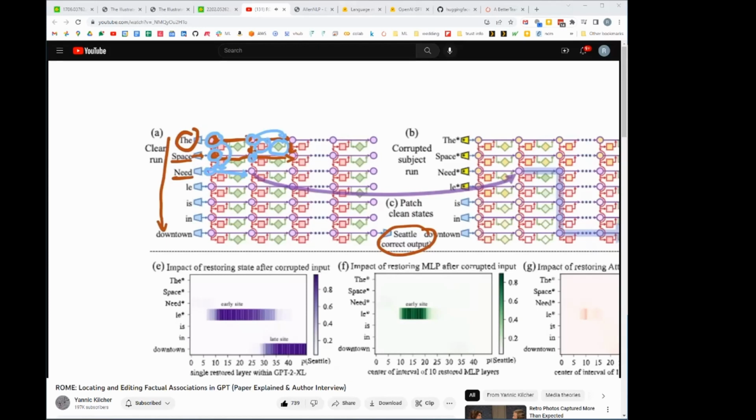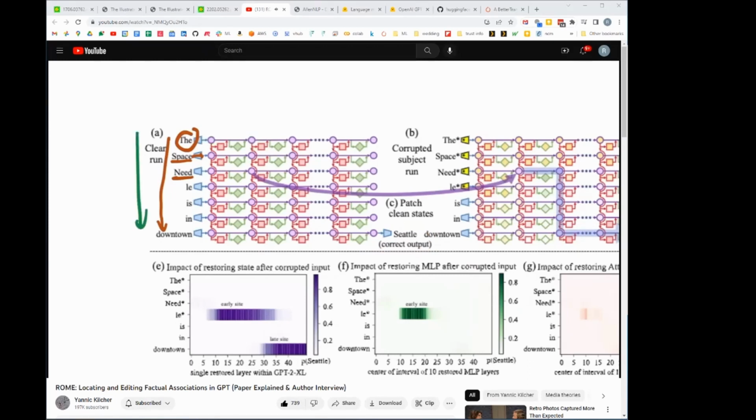And the idea here is to figure out where in these hidden states, so in these bubbles right here, or this bubble, is the fact that Seattle should be the output of the sentence? Where is that realized? Where is that localized? Now, you might have various opinions where that's localized.